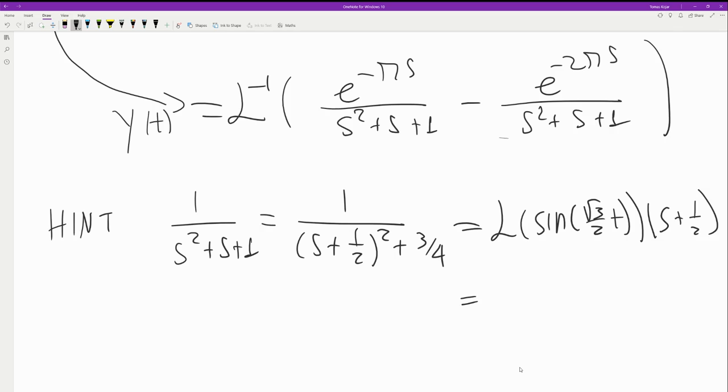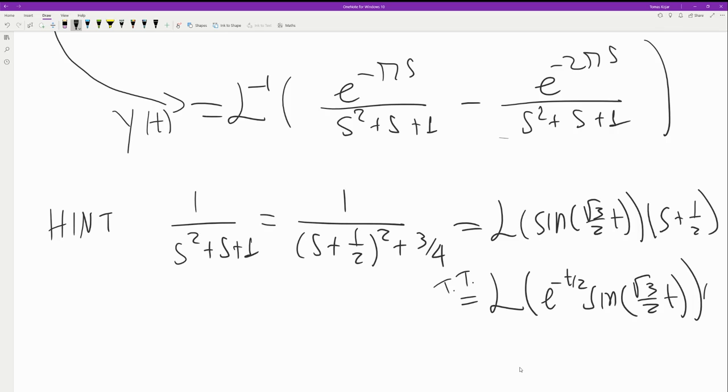So from the translation theorem, this is e to the minus t over 2 sine of square root 3 over 2 t. Okay, so that's the hint for this.